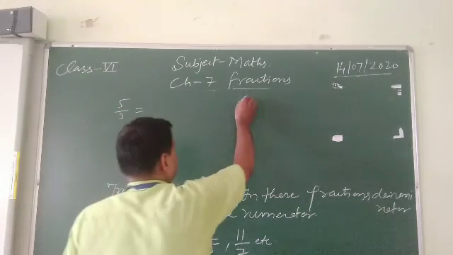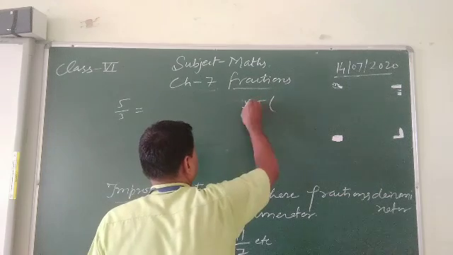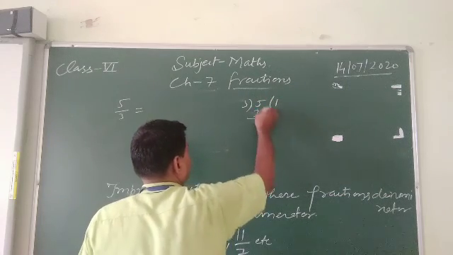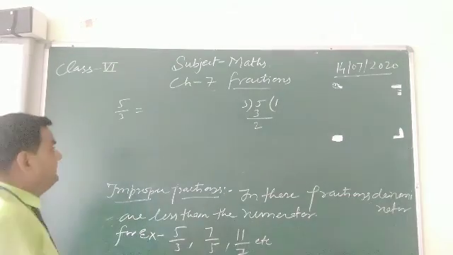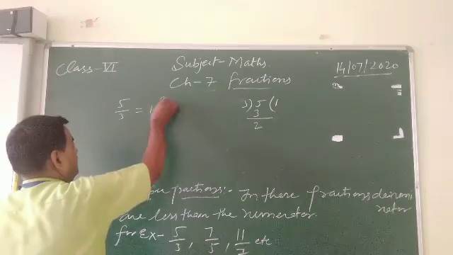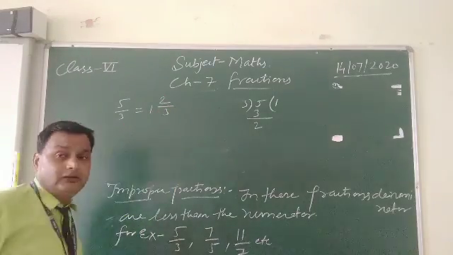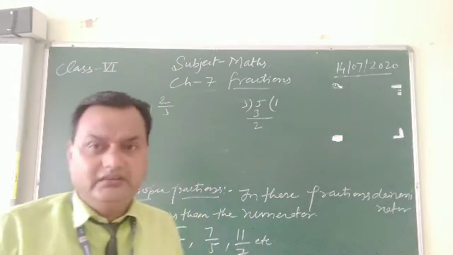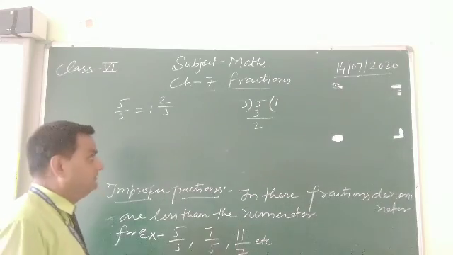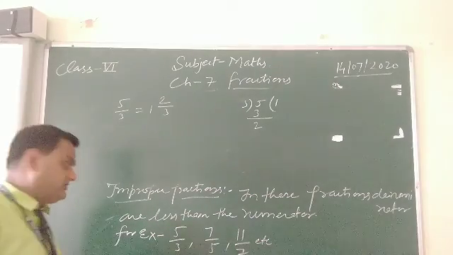So divide 3 into 5. 3 1 3, here remainder is 2. So we can write it 1 whole 2 upon 3. 1 whole 2 upon 3, it is the mixed fraction. So is it clear to all of you?